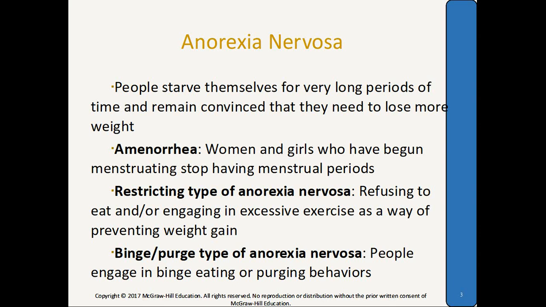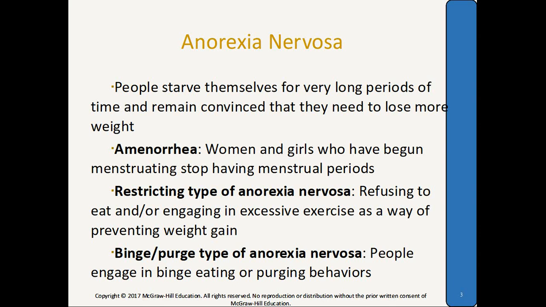And often as a result of this weight loss, weight is at a minimum normal for what is the person's age and height. Extreme weight loss can result in amenorrhea in women, where women and girls who have begun menstruating actually stop having menstrual periods.